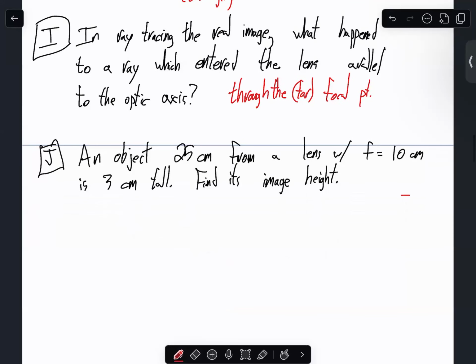To find height, I need object position, object distance. So I use 1 over f equals 1 over di plus 1 over do. What is that? 1/10 equals 1 over image distance plus 1/25.